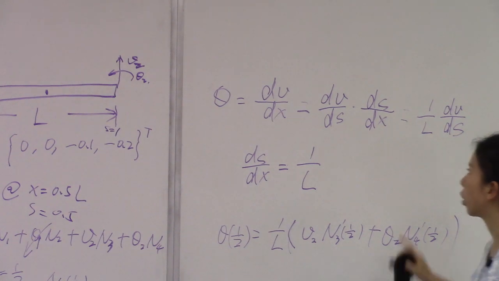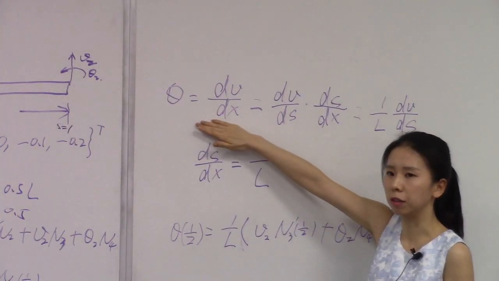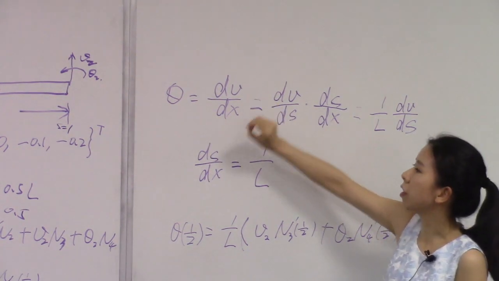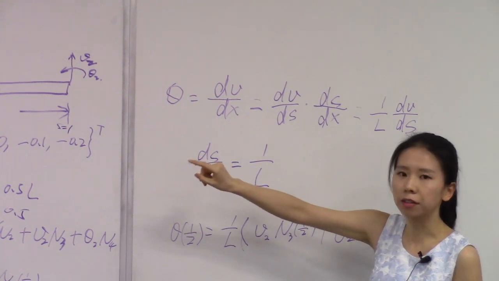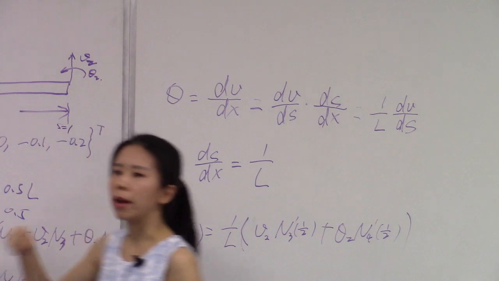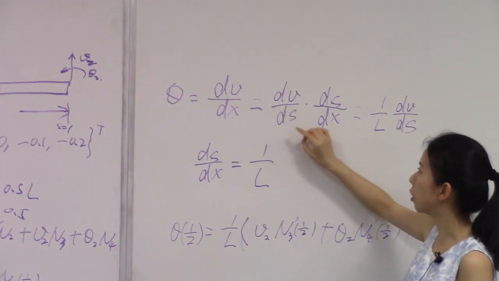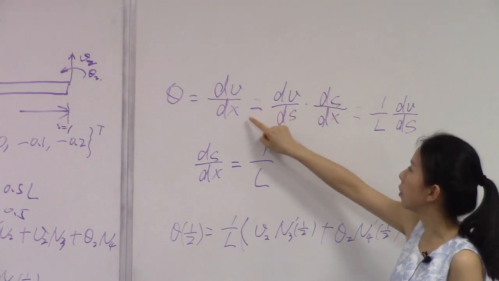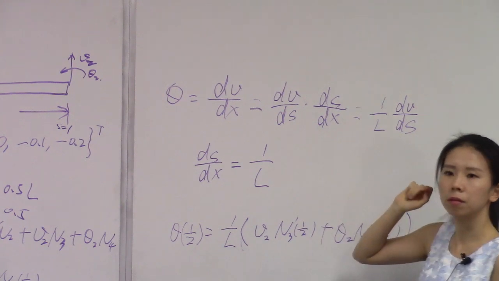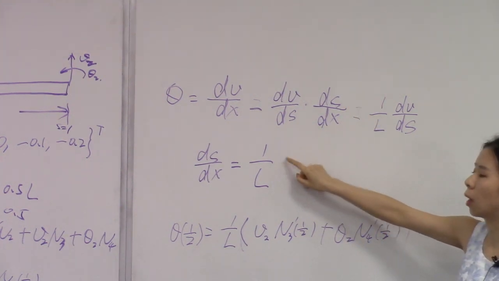This is the chain rule of differentiation, because this is the definition of rotation. dv over dx is only defined in the x coordinates, but our v is defined in the reference s coordinates. So we need a way to connect these two, so we use the chain rule: dv over dx equal to dv over ds times ds over dx. And ds over dx is equal to 1 over L.